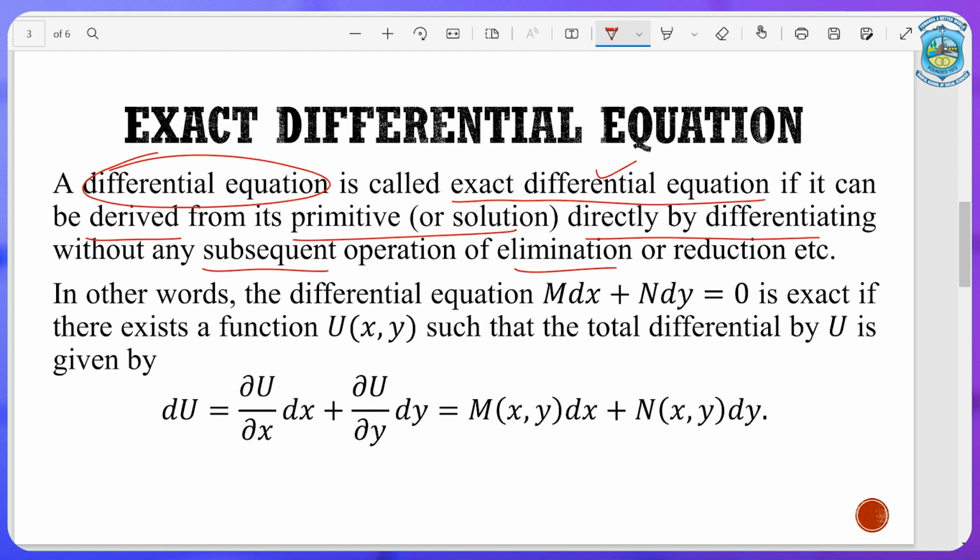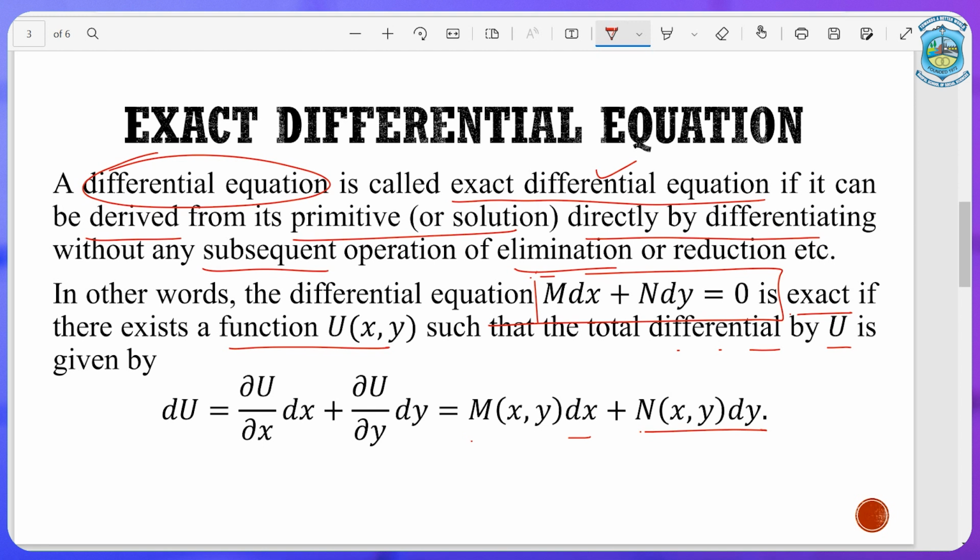So for those equations, we will use the following method. In other words, the differential equation in the standard form M dx plus N dy is equal to 0 is exact if there exists a function u of x, y such that the total differential of u is given by the formula du is equal to del u by del x dx plus del u by del y dy, which is nothing but M dx plus N dy.